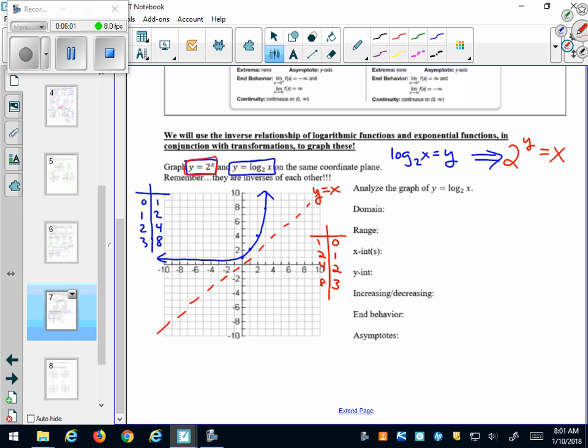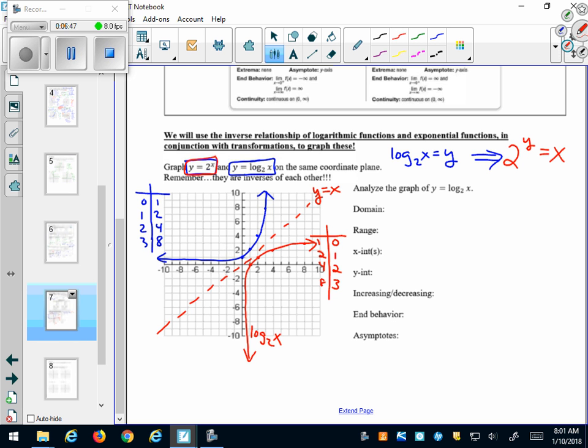That's what happens with an inverse, right? See how they reflect over that line? So this is the graph of the log base 2 of x.